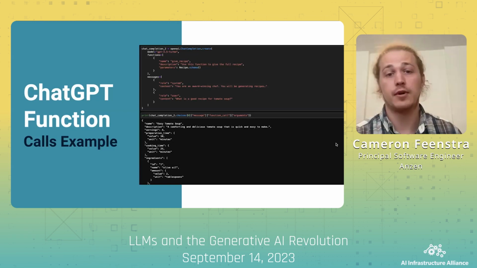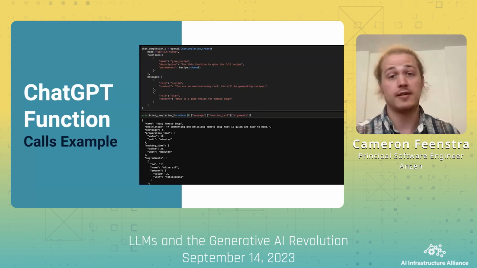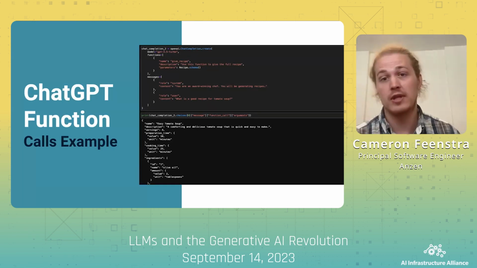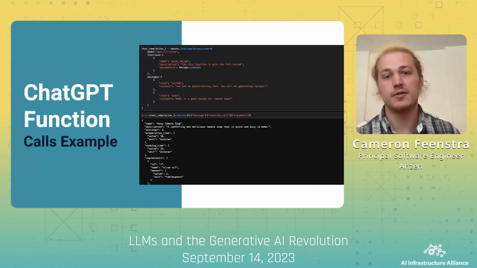So if you're building an application on top of this, this is really an excellent way to get it to give you the shape of the data you're looking for, and is both more reliable and easier than specifying all this via prompting.